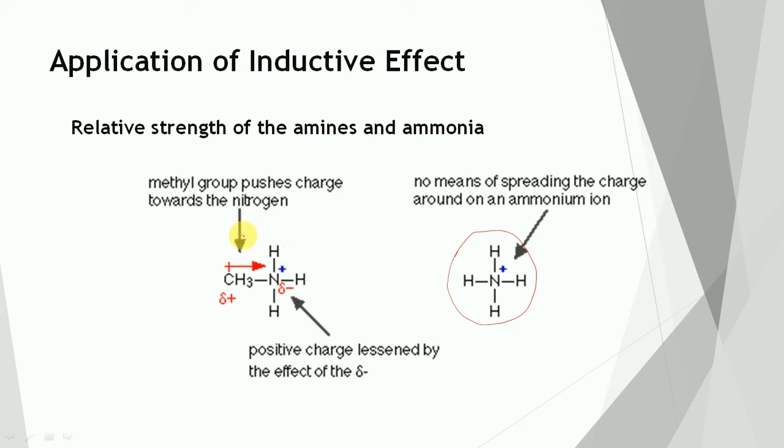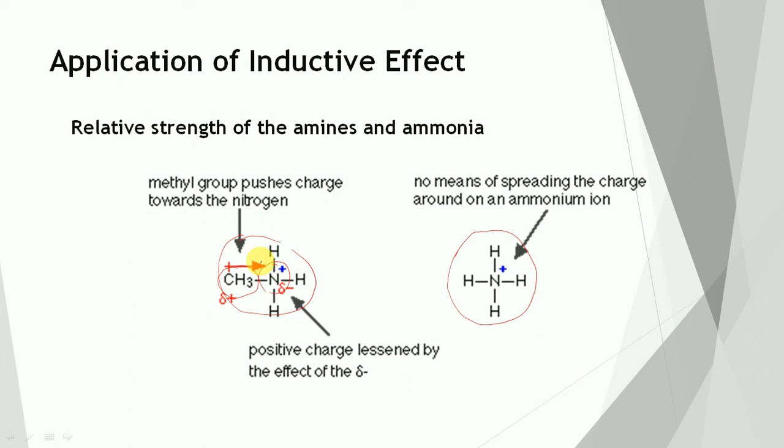In amines, there is a group showing an electron donating inductive effect, which can minimize the positive charge on nitrogen, and ultimately the strength of the amine increases.